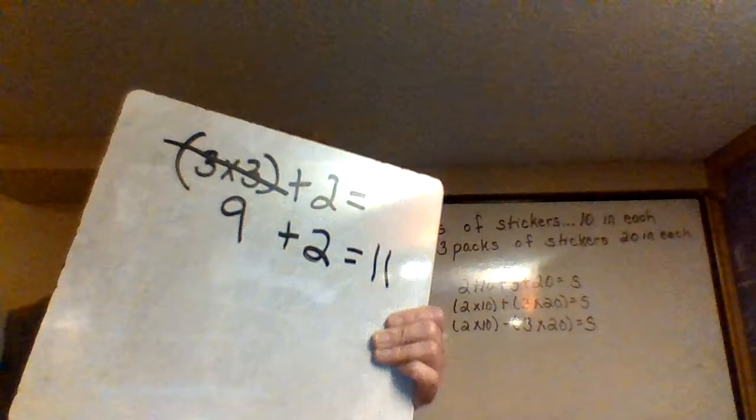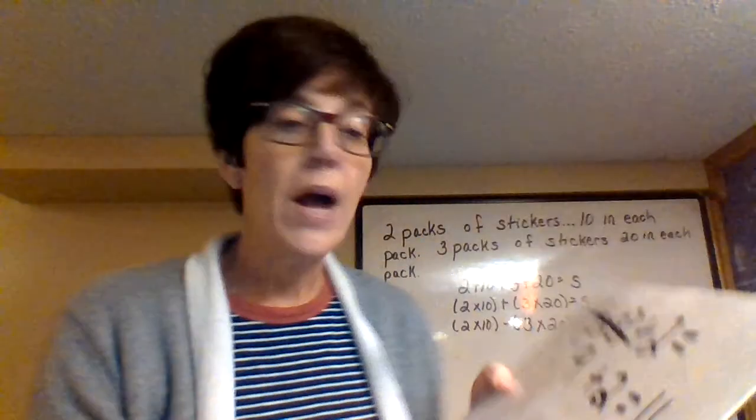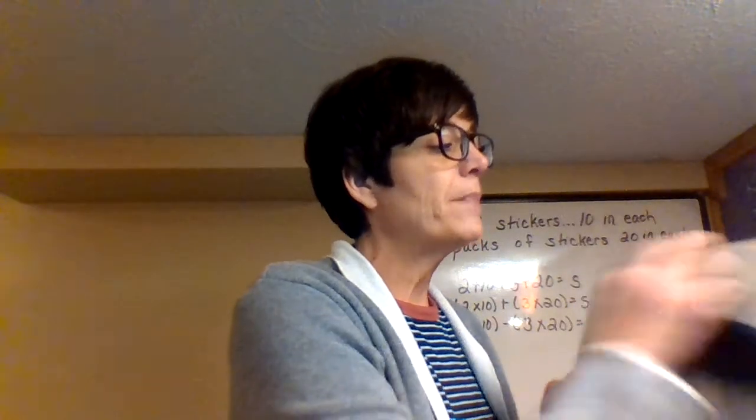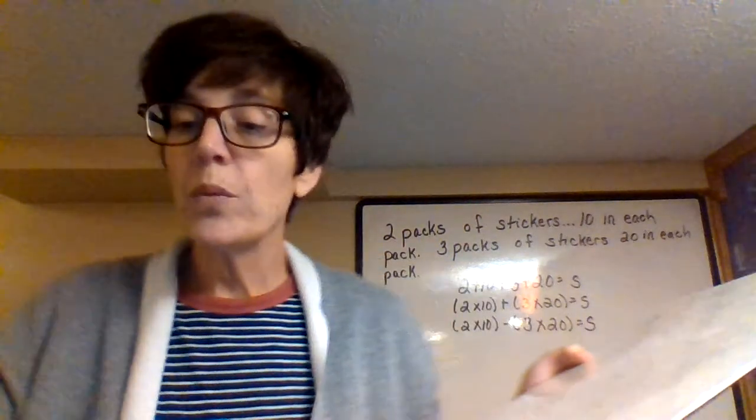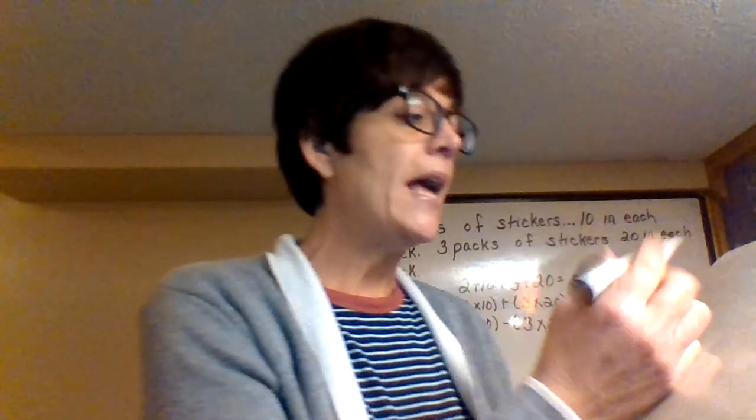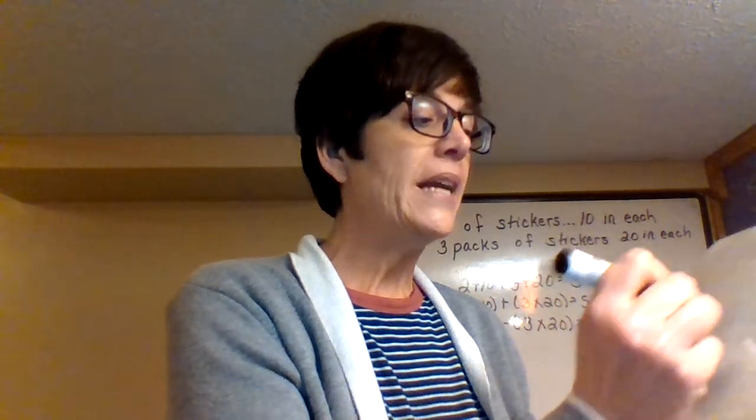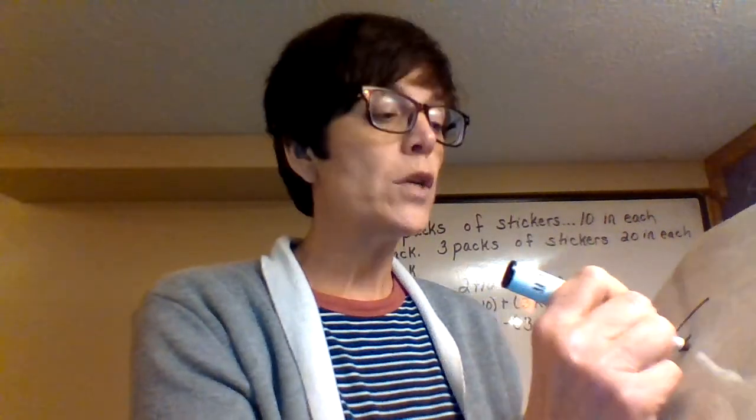Erase your slate if you're using a slate. Otherwise, find a new place on your paper. I'm going to do another one together, and then I'm going to have you try the third one on your own. The second one is 10 minus, then parentheses, 4 times 10.